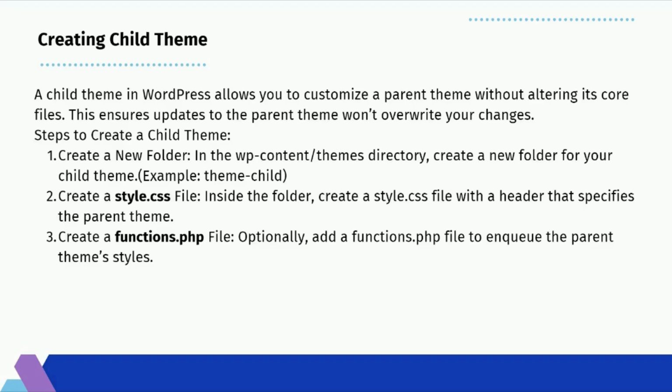Create a style.css file. Inside the folder, create a style.css file with a header that specifies the parent theme. Create a functions.php file. Optionally, add a functions.php file to enqueue the parent theme style. So this tree is very important. You need to follow this.